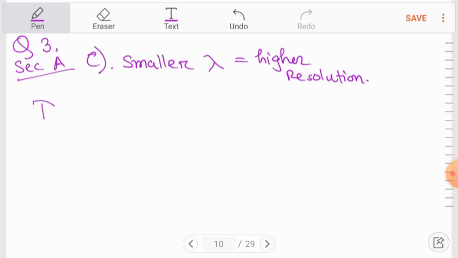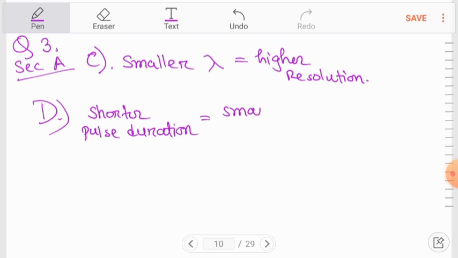Moving to option D. Option D says ultrasound with a shorter pulse duration gives an image with a higher resolution. Pulse duration basically means the time period. So let me write it down: shorter pulse duration basically means small time period. Now we have this equation that connects time period with frequency: T equals 1 over f.